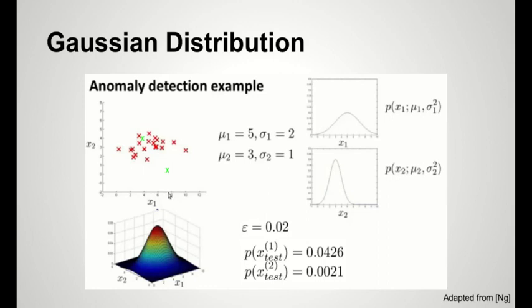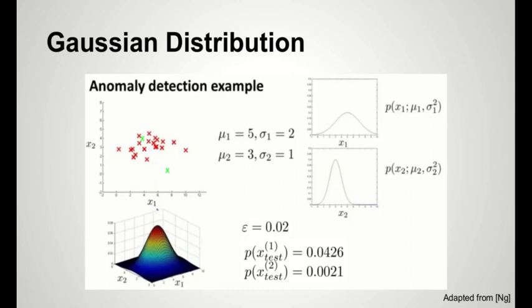We would calculate the mean and the variance for each of these samples, and given a new example, we would calculate the product. This pi symbol here is really the product of all our observations.